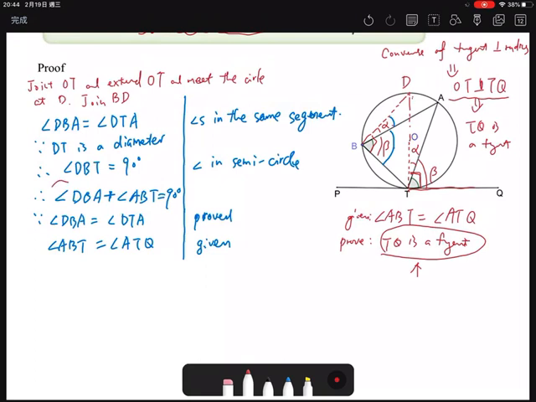So we can replace angle DBA by angle DTA, and angle ABT is replaced by angle ATQ.